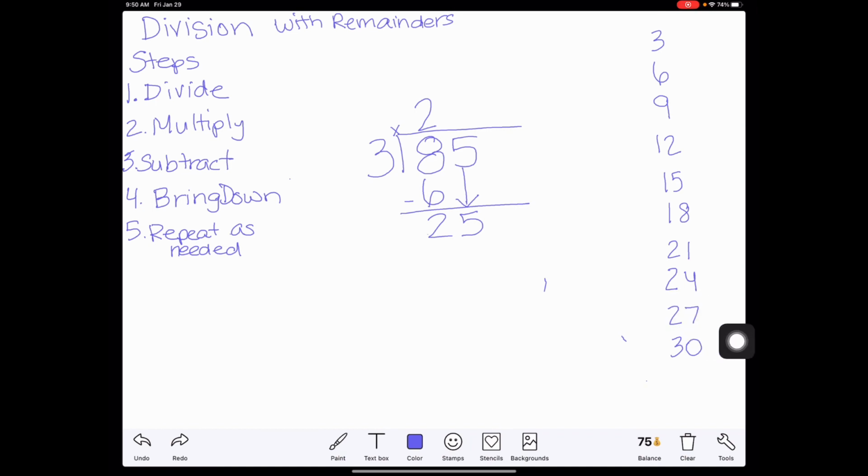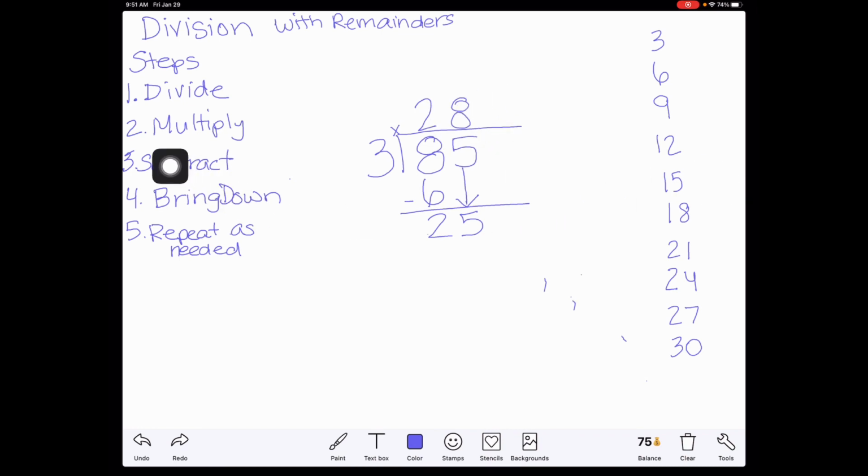I can also count how many groups it took to get to 24. So I can come back up and say 1, 2, 3, 4, 5, 6, 7, 8. So I know I can get 8 groups of 3 out of the number 25. So I'm going to go ahead and write my number 8 here.